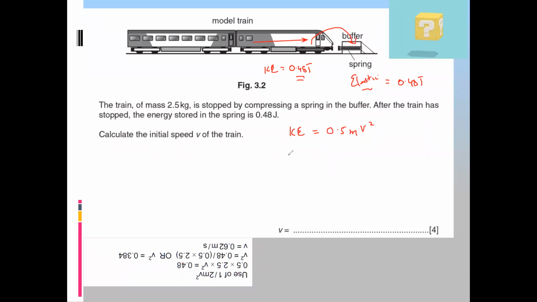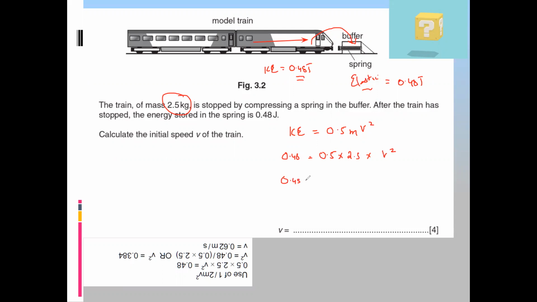What is the kinetic energy? That is 0.48. 0.5 multiplied by mass. What is the mass of the train? It's only 2.5 kilogram. That's a toy basically. So 2.5 multiplied by v square.